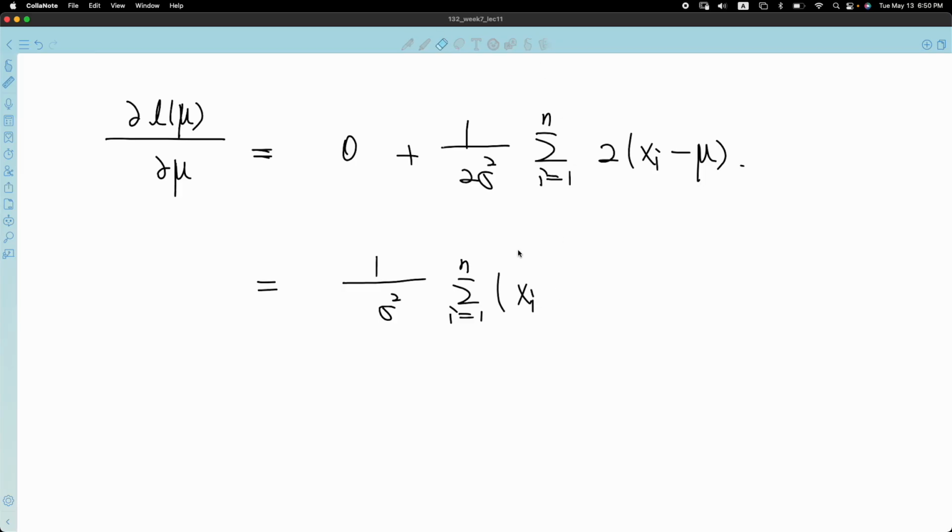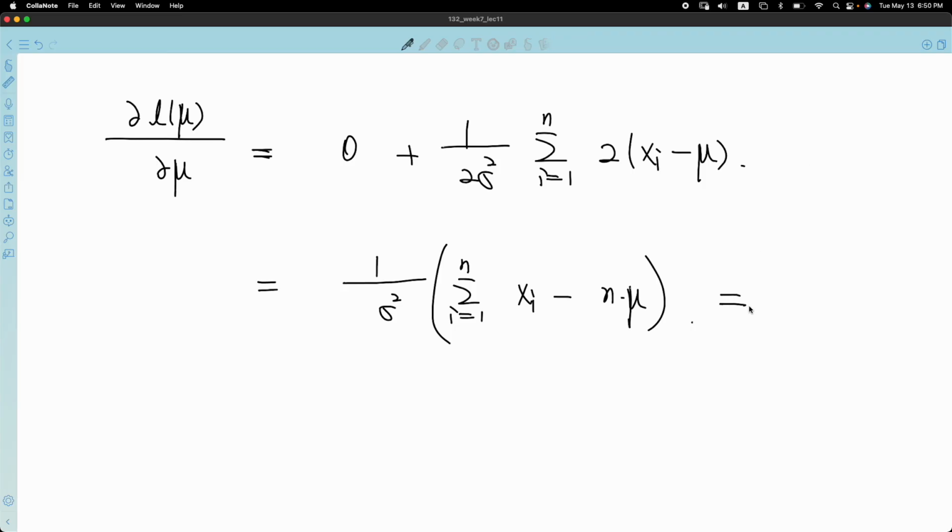I'm also going to break the parenthesis here, so you get the summation of xi minus n multiplied by mu. Do you agree with that? The sum of xi is one term, and the sum of mu's is also one term. Because mu is just a constant, you have n copies of it, so you have n multiplied by mu.